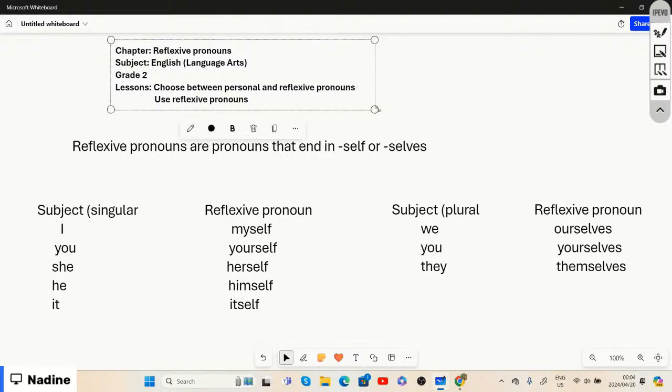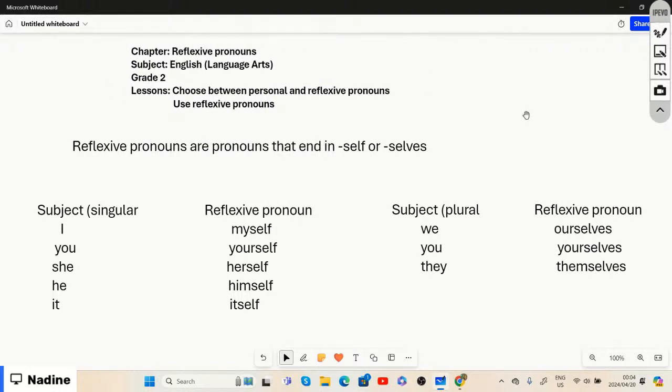Okay, so our chapter is reflexive pronouns, and our subject is English language arts, grade 2.